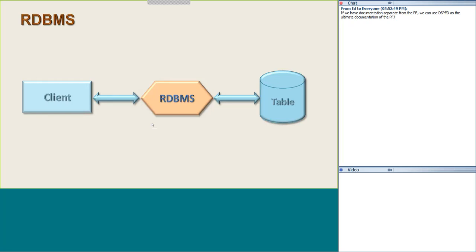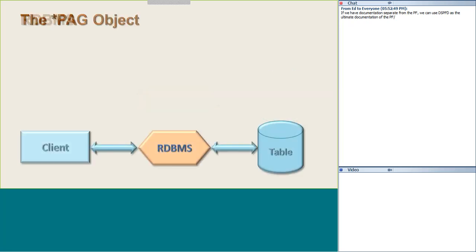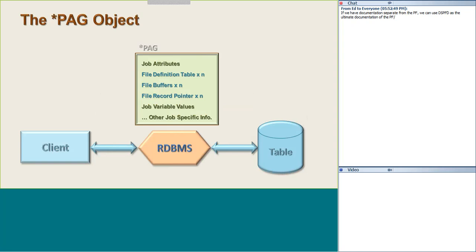And RDBMS does an awful lot. One of the things that RDBMS does is it maintains, on behalf of the job that you are busy running, a thing called the PAG object.